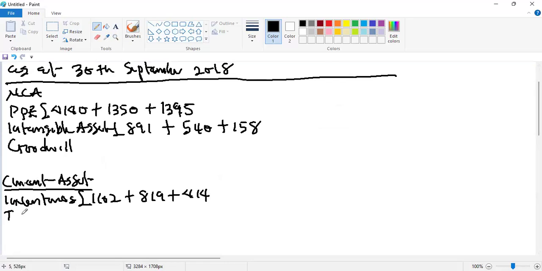Trade receivables: 2016 plus 891 plus 486.